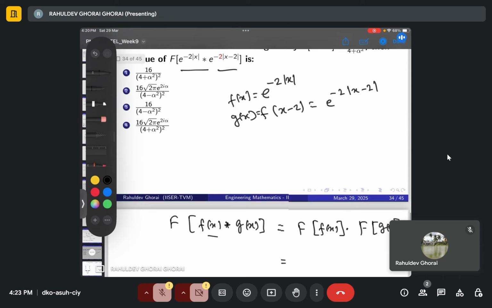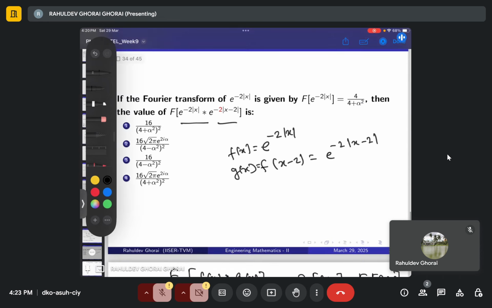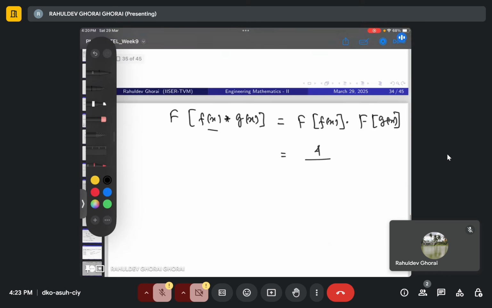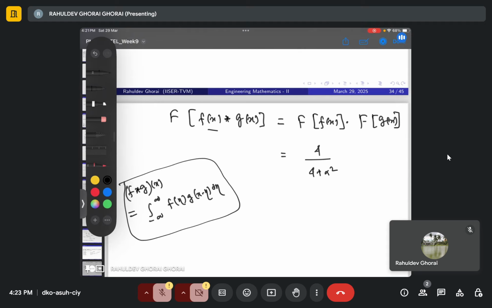Now the Fourier transform of f(x) is already given as 4 over 4 plus alpha square. In case you need it, the convolution f star g of x will be the integral from minus infinity to infinity of f of eta times g of x minus eta d eta, but it's not needed here.